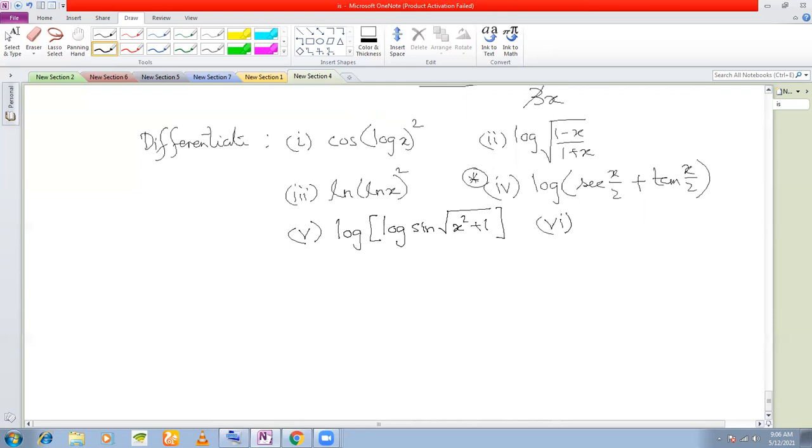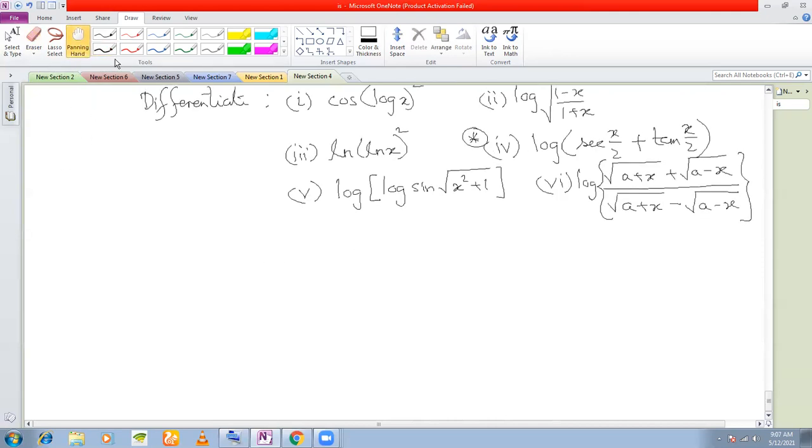Number 6, you have log of (root a plus x plus root a minus x) by (root a plus x minus root a minus x). And finally you have the last one here. We will do this separately. Last one. So let us proceed with these very quickly.